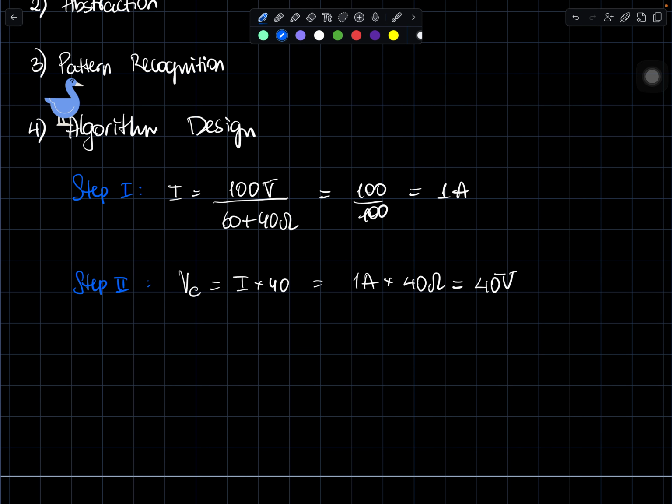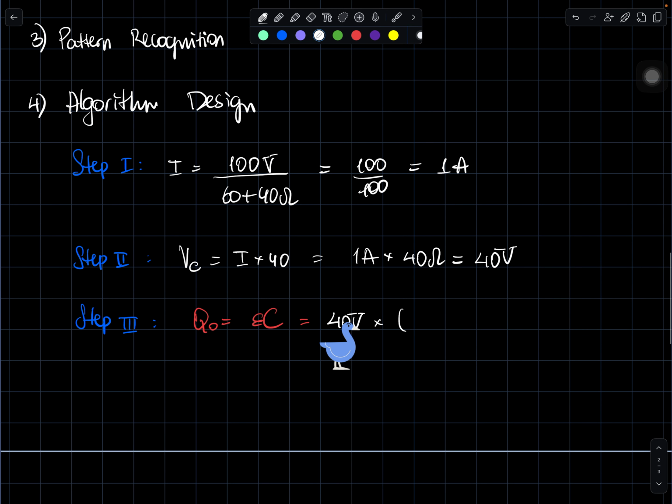And now we can find the initial charge. The formula is Q0 equals C times V. So our voltage was 40 volts multiplied by 2 microfarads, which is 2 multiplied by 10 to the minus 6 farads.